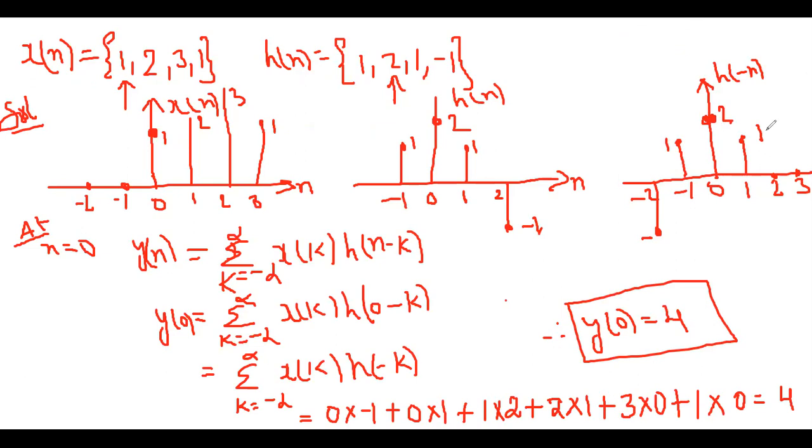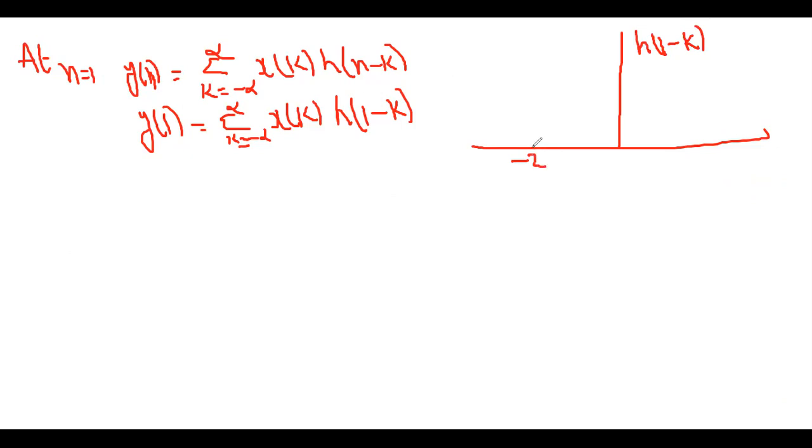Now minus 2 is 0, minus 1 is minus 1, the 0 value is 1, the 1 value is 2, the 2 value is 1, and 3 is 0.